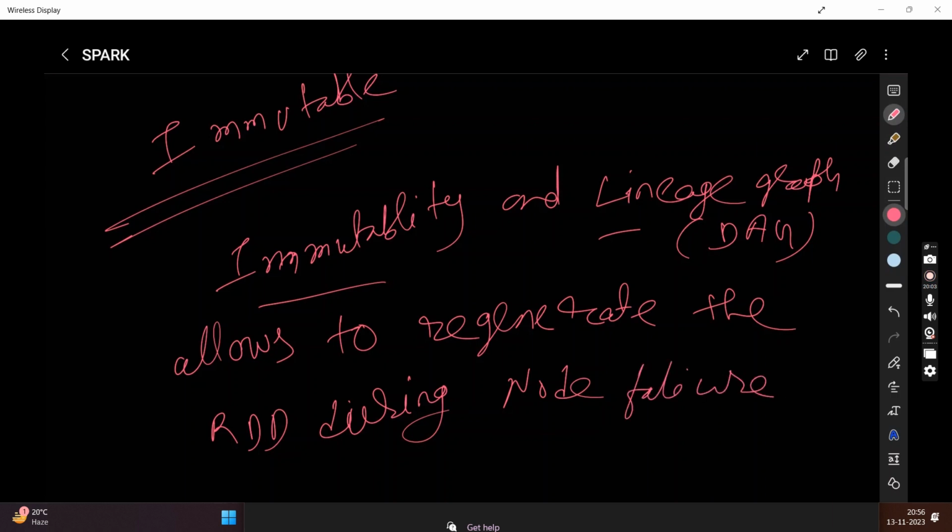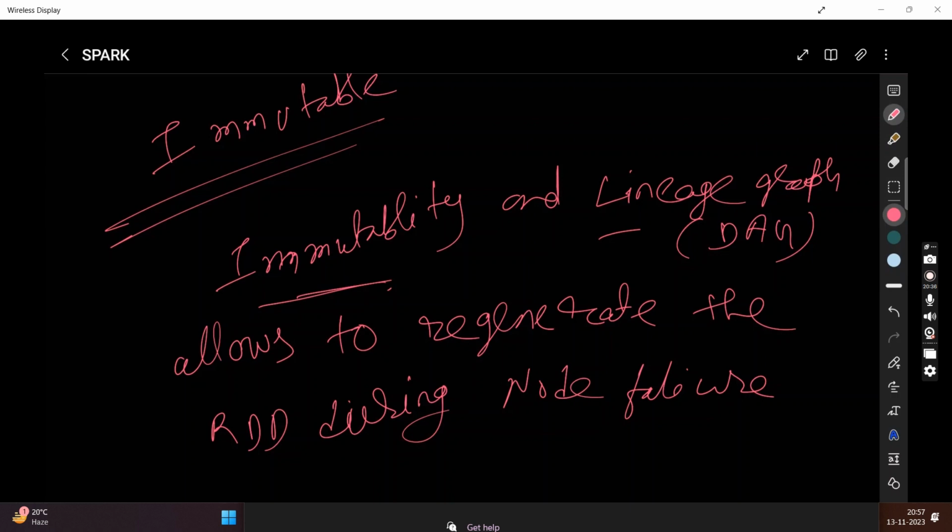Because if we have only the lineage graph, that will not help. We need immutability. I already explained why. If we change the value of one variable again and again, then we cannot recompute that value, because we have already changed it multiple times. We cannot regenerate it. That's why it should be immutable.